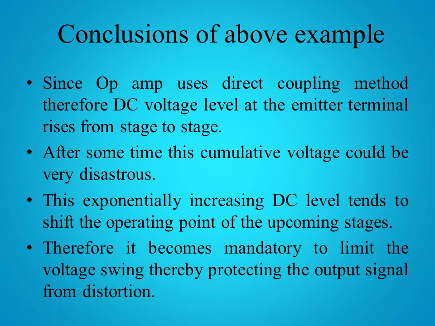Therefore, it becomes mandatory to limit the voltage swing, thereby protecting the output signal from distortion. So, it is mandatory for us to find a method to stop this increase, but we can't stop it, but we can reduce its effect by adding an additional circuit. This additional circuit is what we call a level translator.